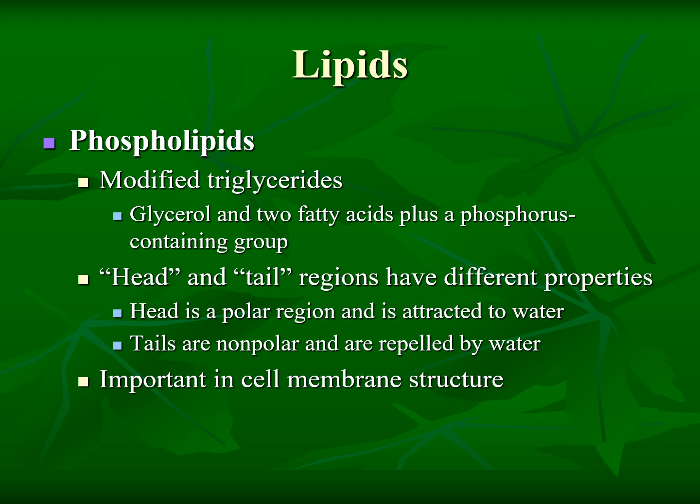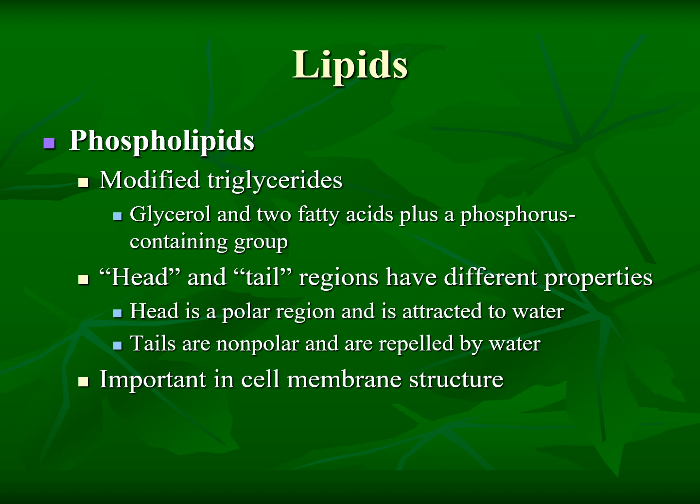Phospholipids are modified triglycerides. You still have a glycerol, and you're going to have now 2 fatty acid chains attached to it, plus a phosphorus group. And so we have different regions that we refer to as the head and the tail. The tail is the area with the 2 fatty acid chains on it.